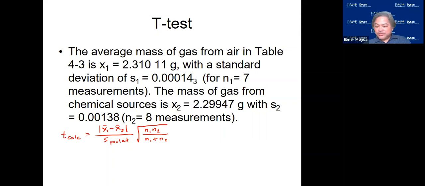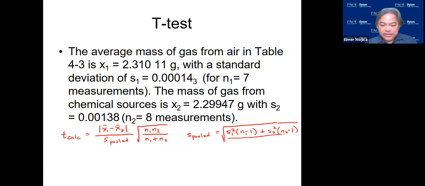This is just the pooled standard deviation. s pooled is equal to the square root of the first standard deviation squared times n1 minus 1, plus the standard deviation of the second one squared times n2 minus 1, and then you divide by n1 plus n2 minus 2.